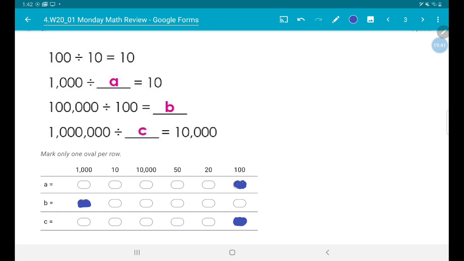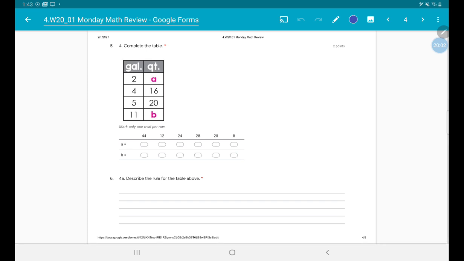I got C wrong. That's the only thing I got wrong in the whole thing. Or you can think about it as 10,000 times what gets me to 1 million. How many more zeros do I need to get from 10,000 to 1 million? I would need 2 more zeros. All right, let's look at number 4.